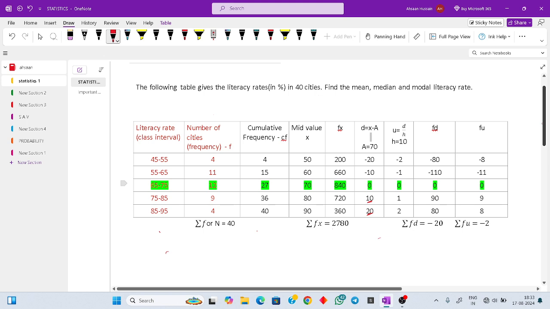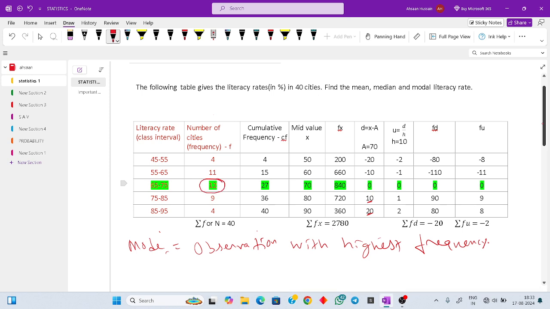Okay. So what is the basic understanding of mode? Mode means observation with highest frequency. So here we can see that 12 is the highest frequency, isn't it?